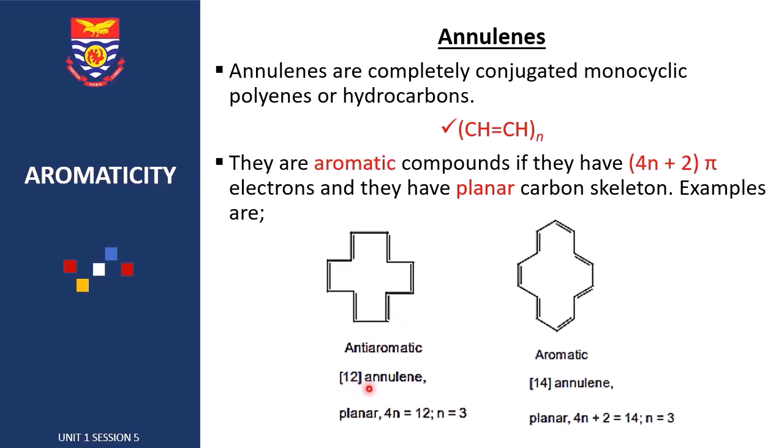So 12-annulene obeys the 4n pi electron system where n equals 3, but 14-annulene obeys the 4n plus 2 pi electron system where n equals 3. So 12-annulene is anti-aromatic, whereas 14-annulene is aromatic.